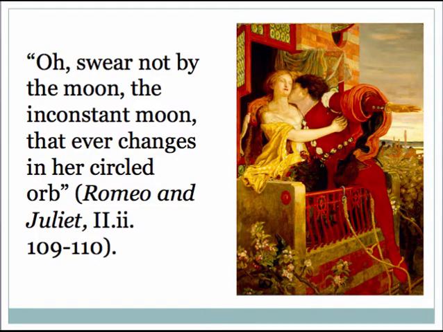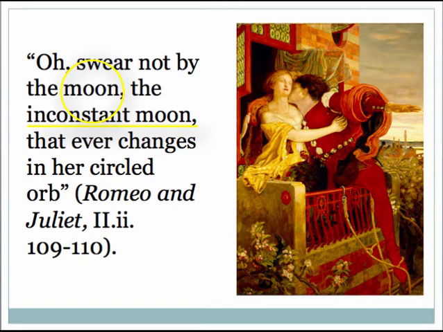Of course, Shakespeare himself used appositives on occasion. Here's an example. Oh, swear not by the moon, comma, the inconstant moon, comma, that ever changes in her circled orb. Juliet says these lines in the balcony scene of Romeo and Juliet. And you'll notice that the inconstant moon is a noun. It's describing moon.